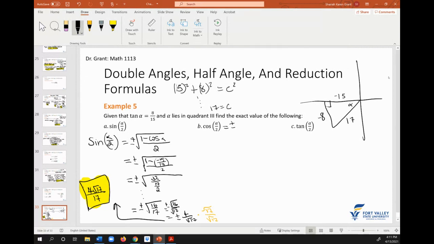But since we're in the third quadrant, all students take calculus.